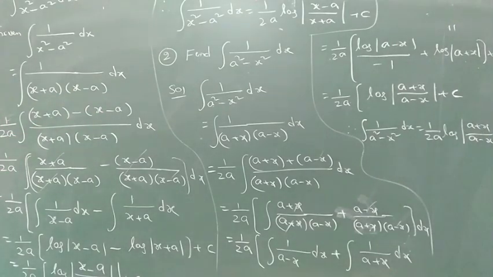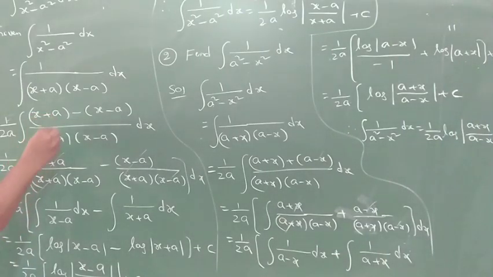Simplify the numerator: x plus a minus x minus a, these two are subtracted. x plus a minus x plus x cancel, minus of minus a plus a gives 2a, and 2a by 2a cancels. So we get the previous steps, same step.